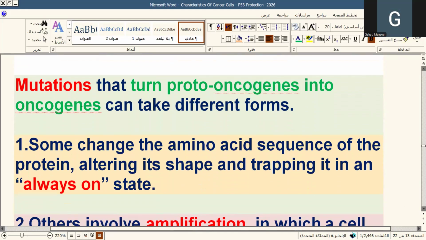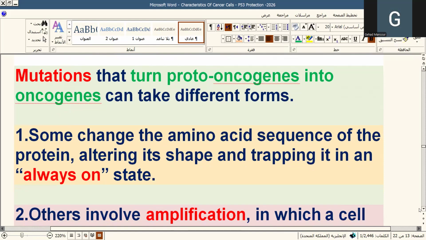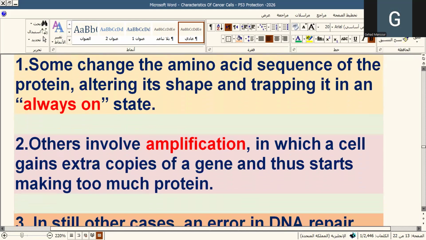We have different types of mutations that can affect the proto-oncogenes and make them be converted into oncogenes. The first mutation is a mutation that changes the amino acid sequence inside those proteins, because the cell cycle regulators are proteins that are made of amino acids, and the amino acids are translated out of the genes.